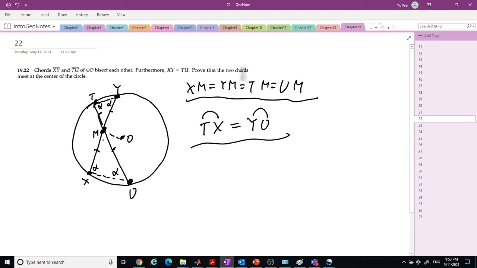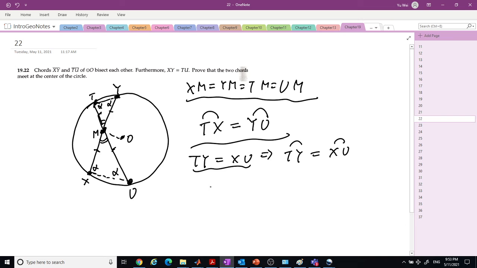And also, because these two triangles are congruent, we know ty also equals xu, right? That means the arc ty is also equal to the arc xu, right?